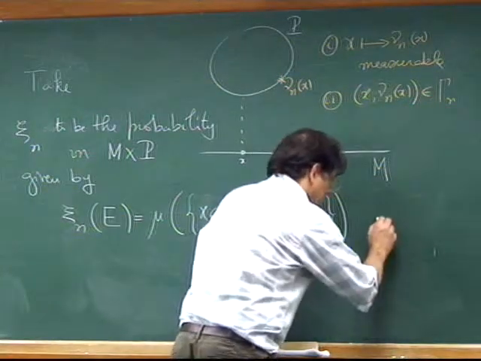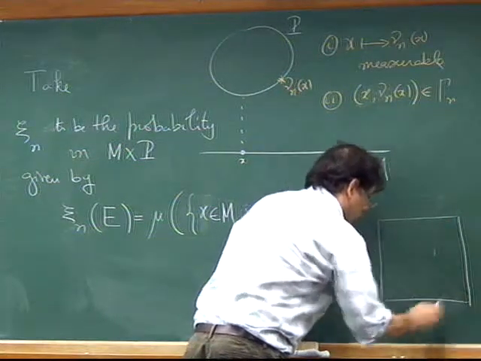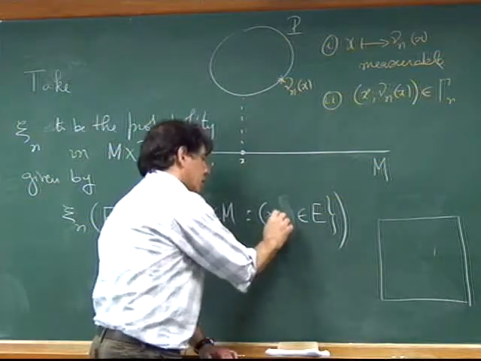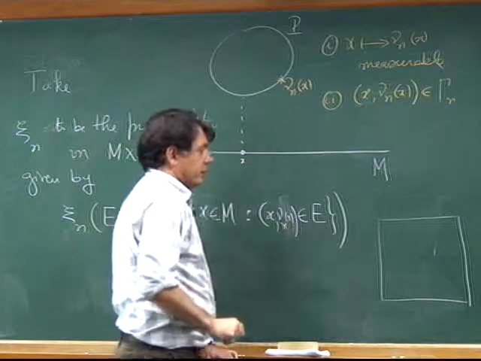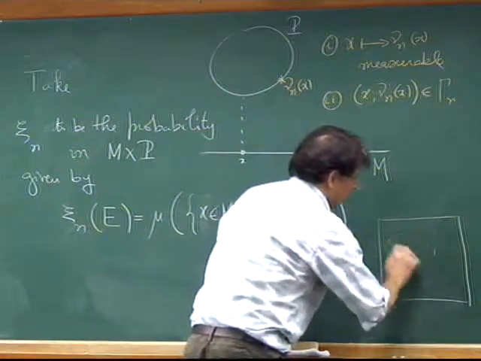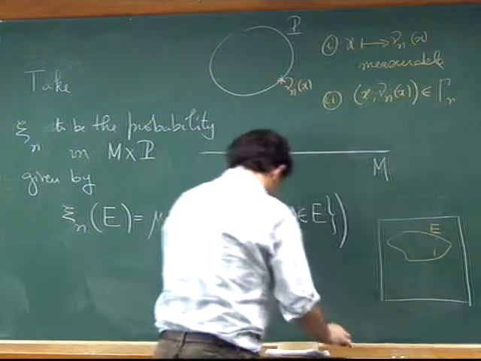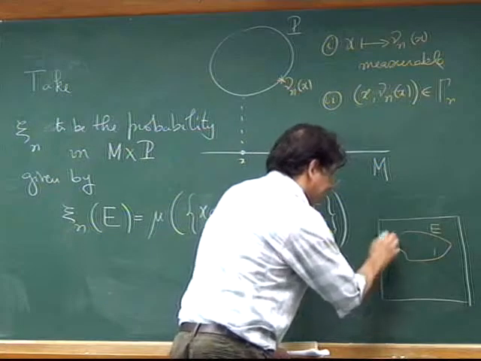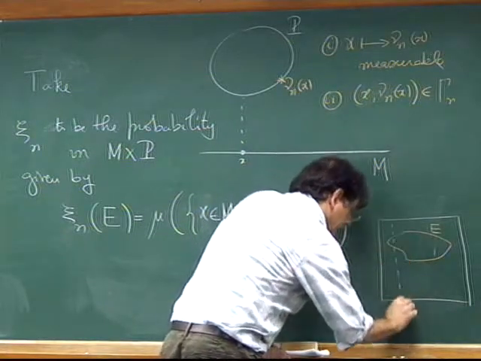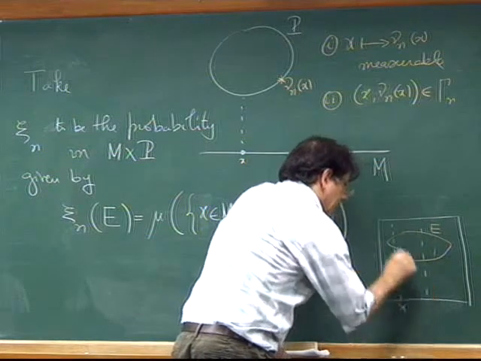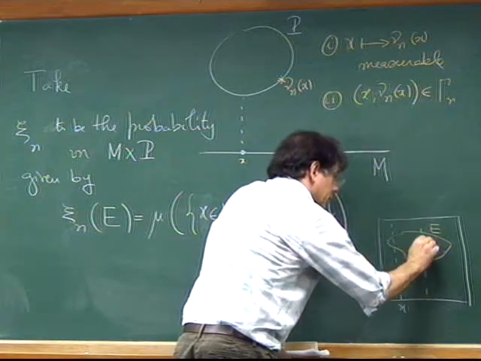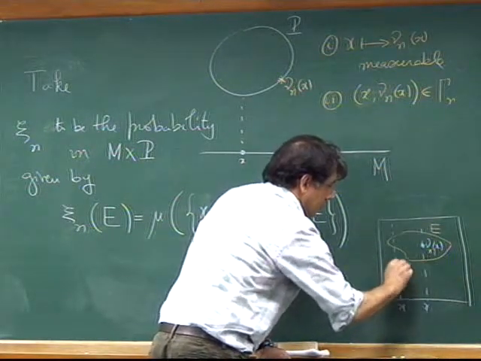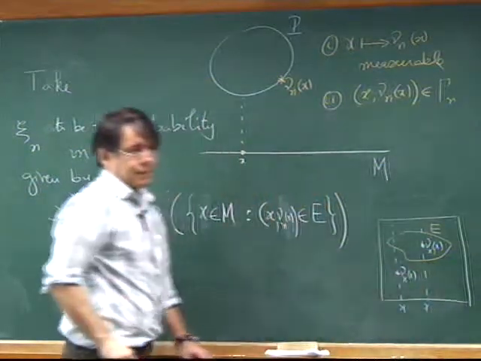So another picture, smaller picture. Such that x, nu n of x is in E. So you have some set E. And depending on your point x, it may happen that nu n of x is inside E or outside. Okay?